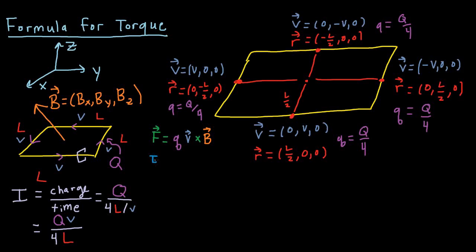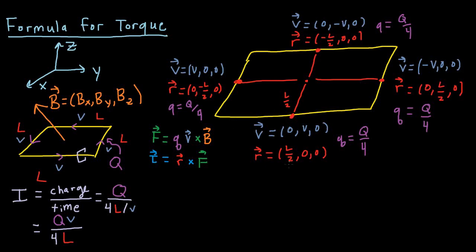And the torque is just R cross F. So there's now enough information on the screen to go around calculating the force on each of these 4 segments of wire and the torque on each of these 4 segments of wire.